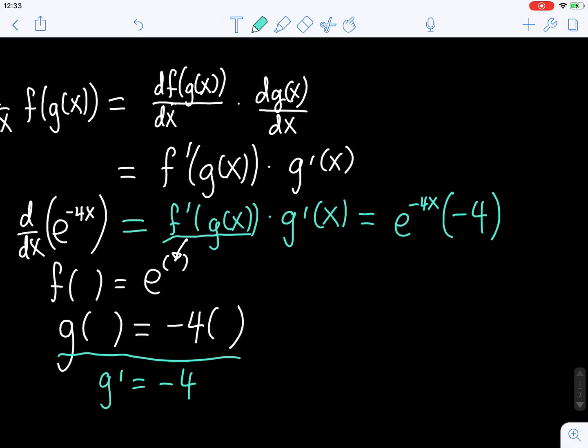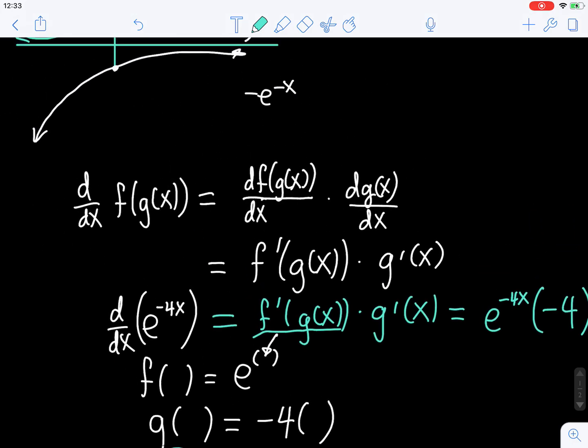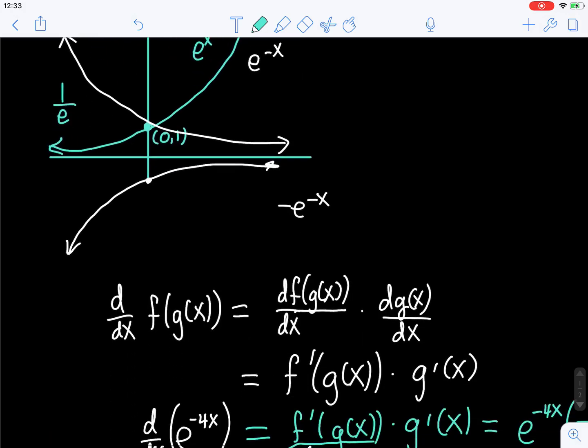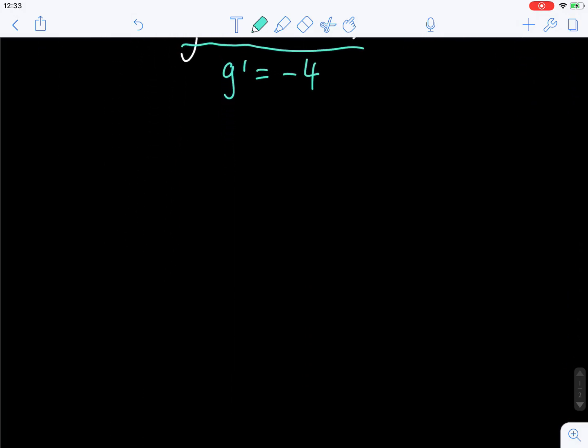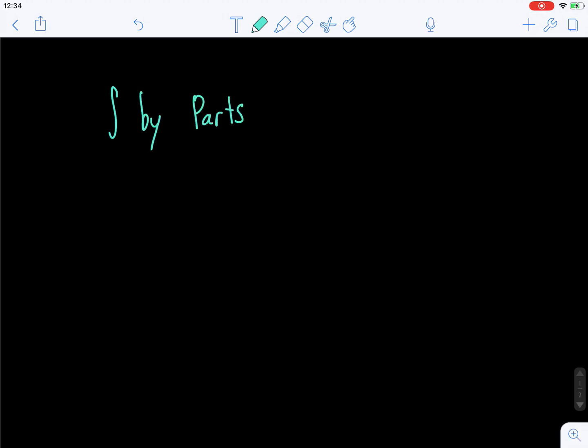Okay, and finally, we will go to integration by parts. Integration by parts comes from the product rule. The product rule is different from the chain rule because instead of having g of f of x, we have f of x times g of x.